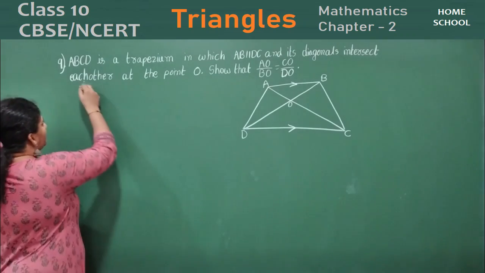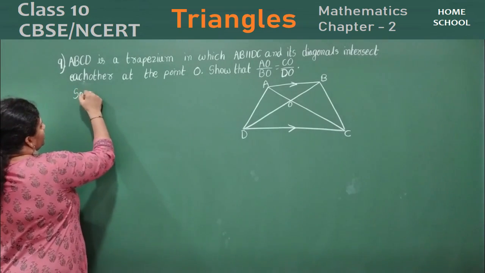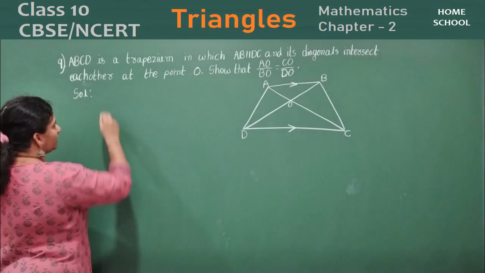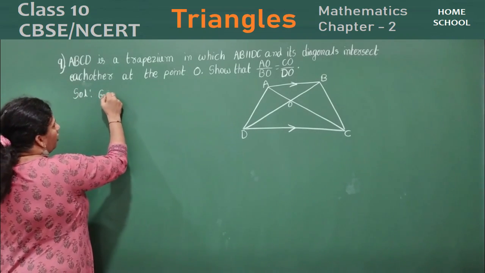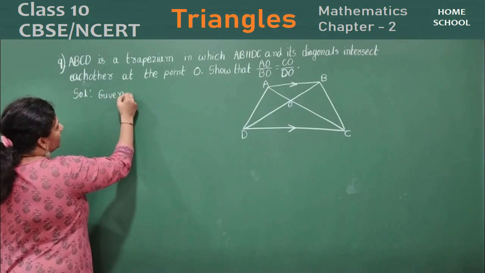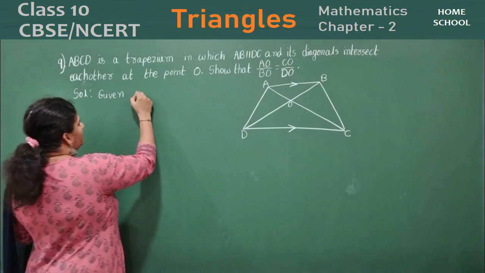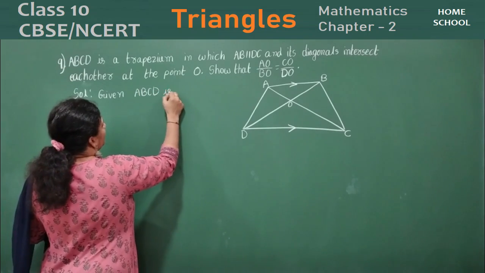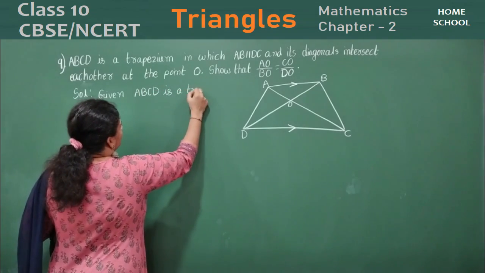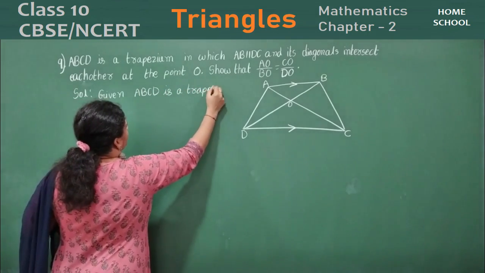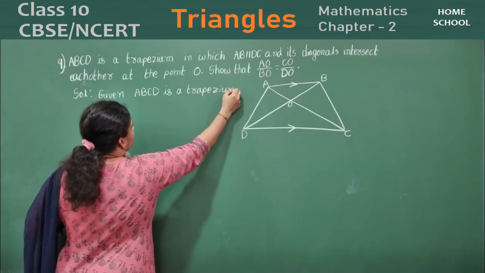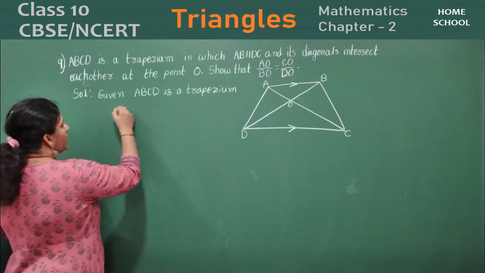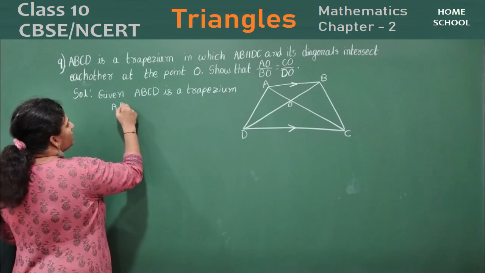So let's start here. Solution. How do we start here, children? With the given data. Always you have to start with the data. Given: ABCD is a trapezium. And what else have they given here?